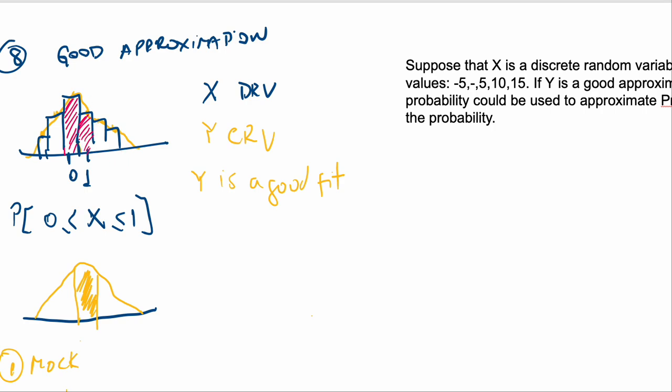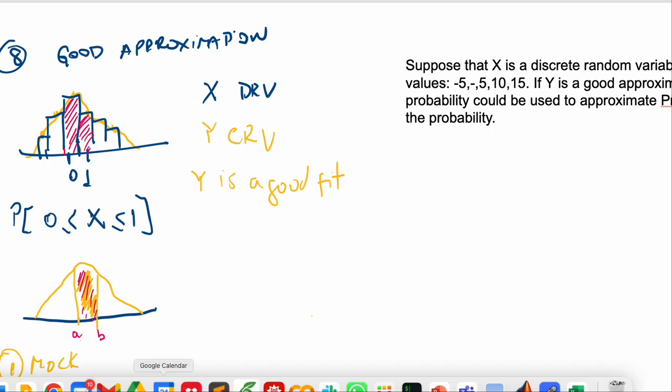So what you're going to do is, I don't have the information to calculate these areas in the blue world. Can I calculate this area in the yellow world? Yes, you can. So you will select an interval AB that makes the area the same as the pink area.